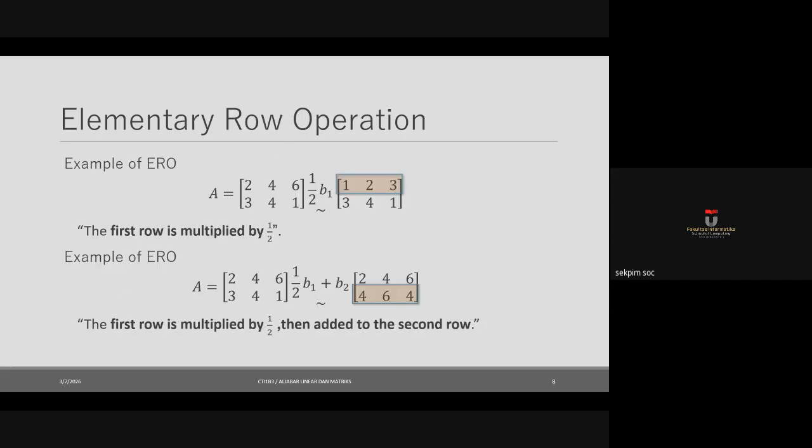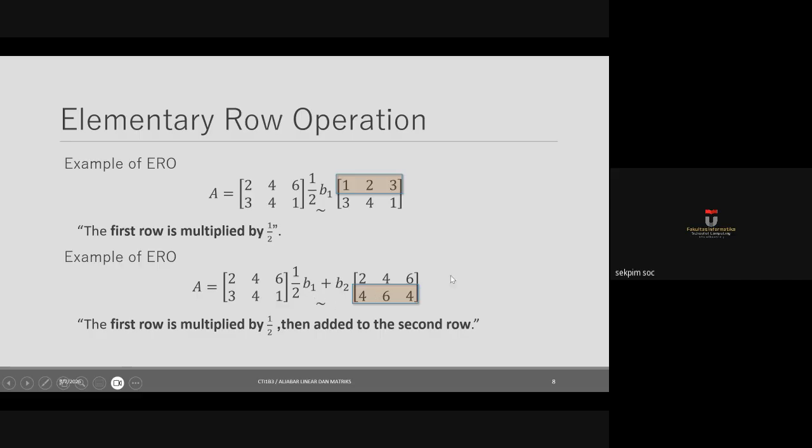Suppose that you have this one. So you add row 2 with half of row 1. Suppose that you have this kind of matrix and you do row type 3, which is you add row 2 with half of row 1.